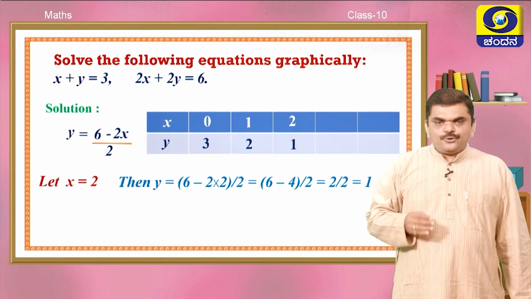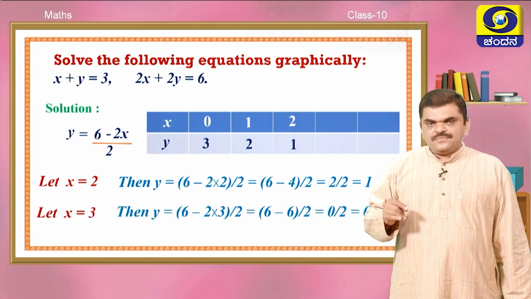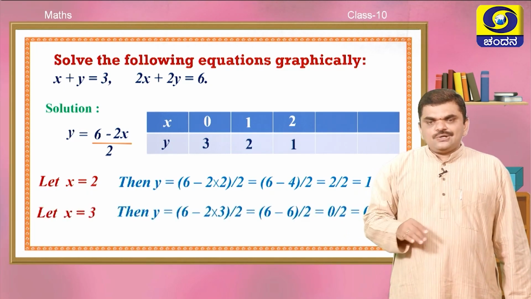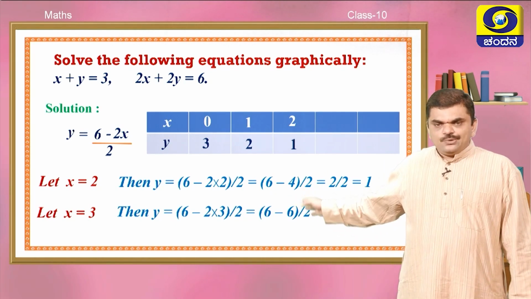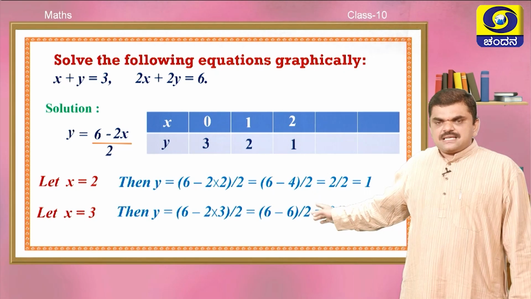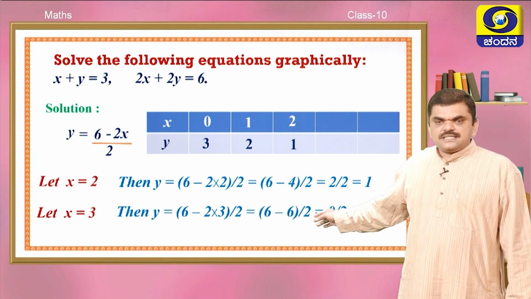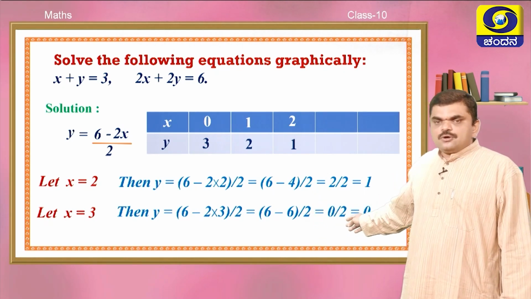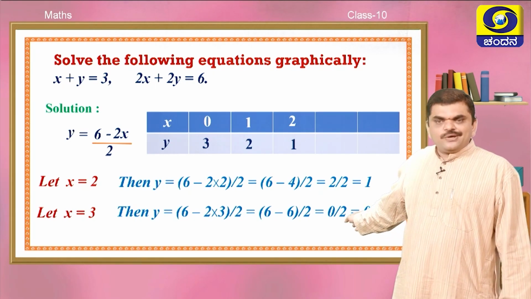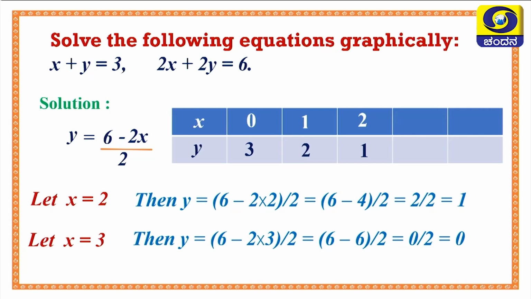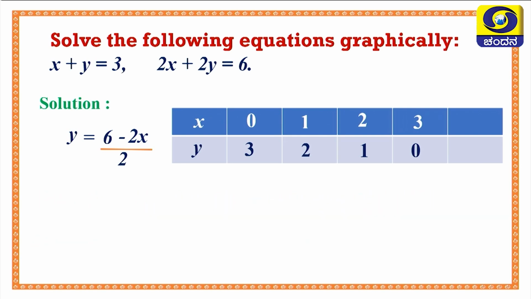Next step you have to do, when x becomes 3, y is equal to (6 minus 2 into 3) by 2, that is 6 minus 6 divided by 2. 6 minus 6 becomes 0, 0 divided by anything is always 0, we know it. So, when x coordinate becomes 3, y coordinate becomes 0. And again one more value, let us take x is equal to 4.